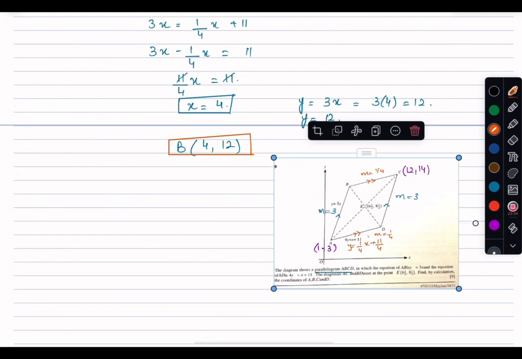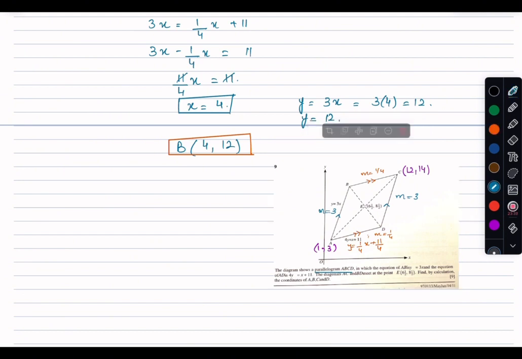I can see that E is the midpoint of BD also. So E is the midpoint of BD. Therefore, we'll be using the midpoint formula again, and I'll say the midpoint x coordinate of E should be equal to the x coordinate of B plus the x coordinate of D divided by 2.